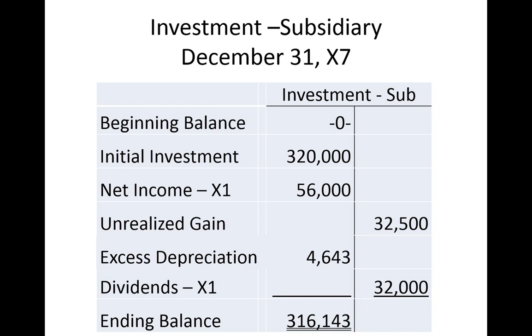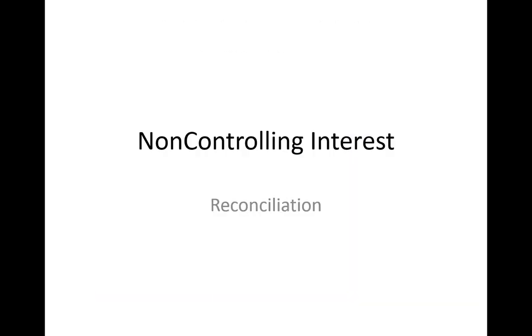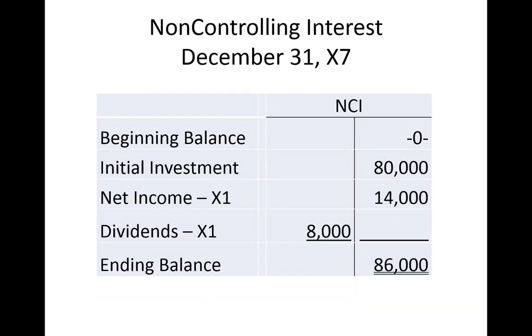It's no more than that. So kind of recapping all the equity method entries into one place here. We can look at the non-controlling interest, the NCI, and we see that since this is a downstream transaction, there's nothing to affect the NCI account.